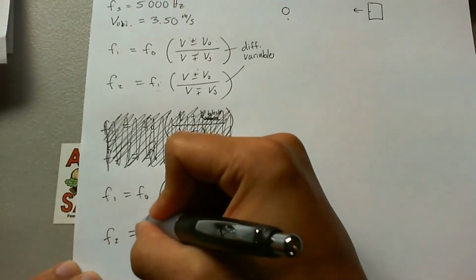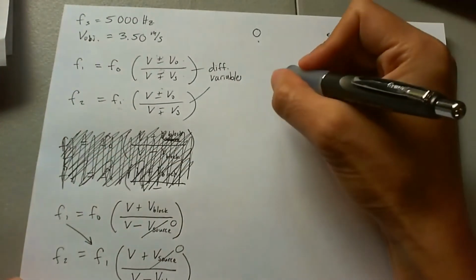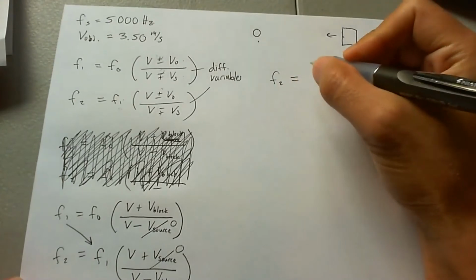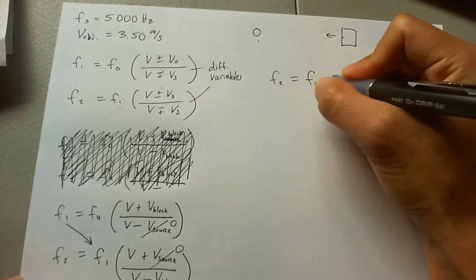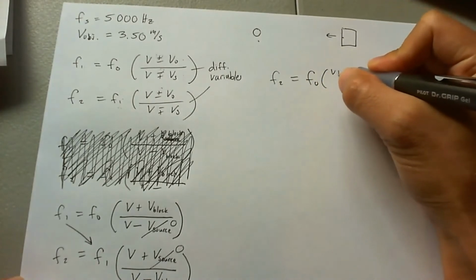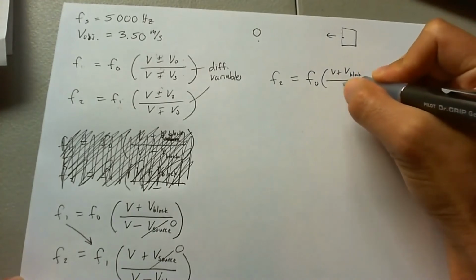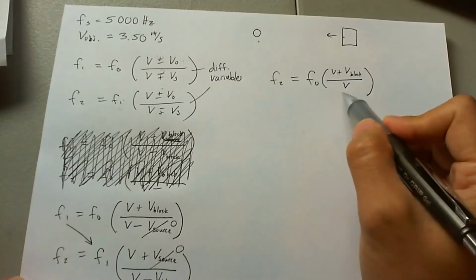Now let's go ahead and combine the equation by putting this into that. F2, which is the final frequency heard by the detector, is going to equal F naught times V plus V block, divided by V. Okay, and this is F1 right here.